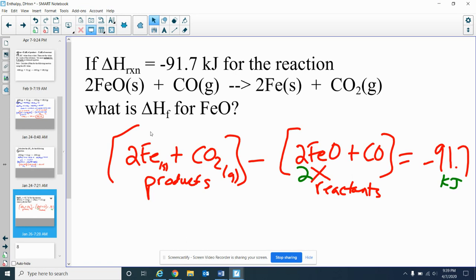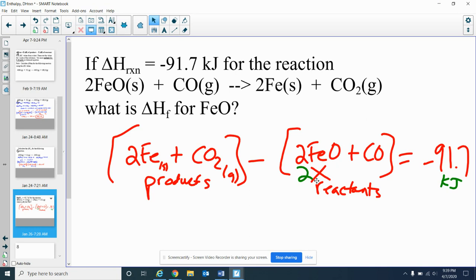So I would be able to plug in the value for iron, which would be 0 because it's naturally occurring. I can look up the value for CO2 gas, or I would be given that and plug that in. I can look up the value for CO and plug that in. And then what I'm missing is the value for FeO.